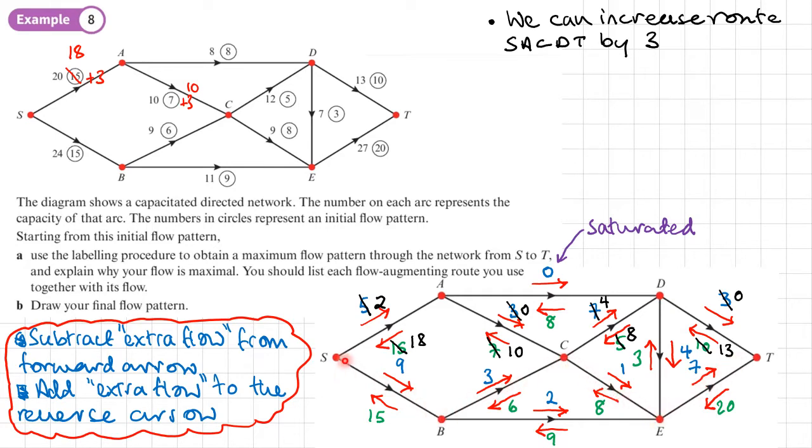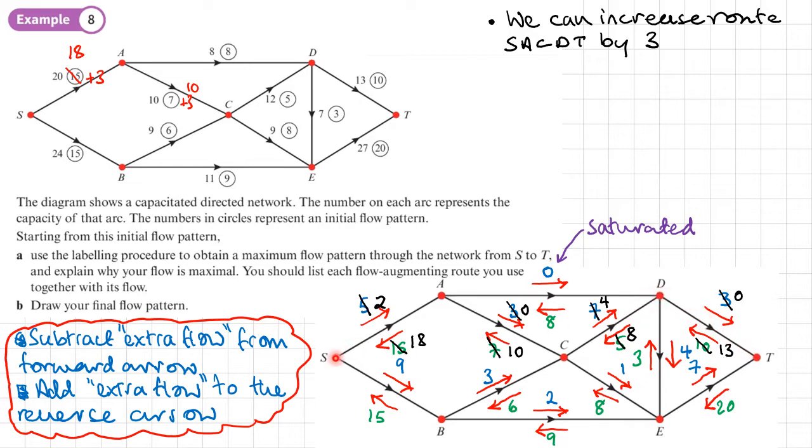Now remember, I can go backwards along routes. That is an option. So let's say I do S, B, B to C. Then if I do C to D, so I've got 9, 3, 4. So far I can increase this by 3. And then here, I'm not going to go D to A because that's saturated. I'm not going to be able to get any increase.